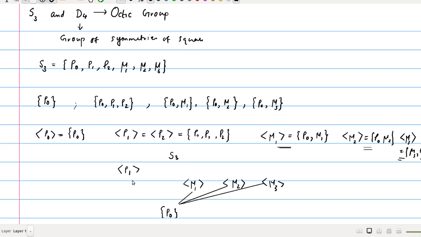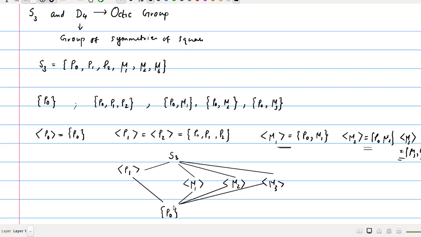And we know that the subgroup generated by rho 1 contains the trivial subgroup, and all these subgroups are subgroups of S3. So we never connect the singleton rho naught directly to S3, because we connect only consecutive levels.